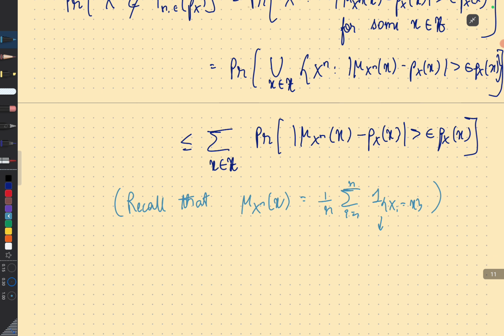Right, so each of these can be written as an average of indicator random variables. So each of these is a Bernoulli p_X(x) random variable. What is the expectation of this particular random variable? It is the probability that X_i is equal to x, which is just p_X(x).